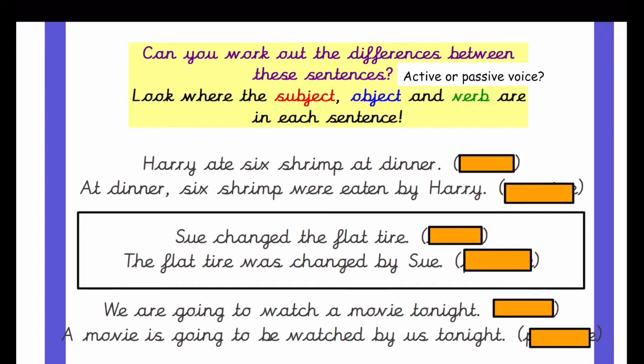Next example. Sue changed the flat tyre. The flat tyre was changed by Sue. And we are going to watch a movie tonight. A movie is going to be watched by us tonight. Now, which ones are the active voice and which ones are the passive voice? Have a think.